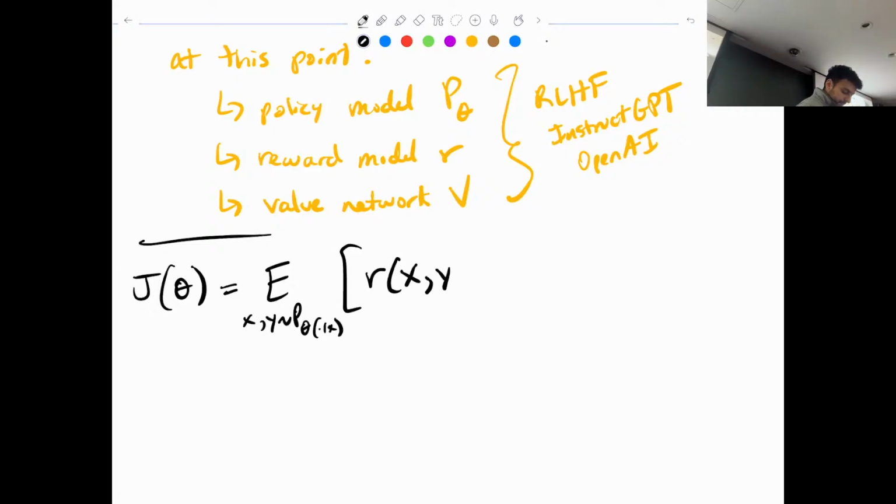And again, we are trying to maximize the expected reward, but then this is the thing we talked about at the end of the last class: we also want to subtract this KL divergence term, which is larger if we're deviating too much from our SFT model.